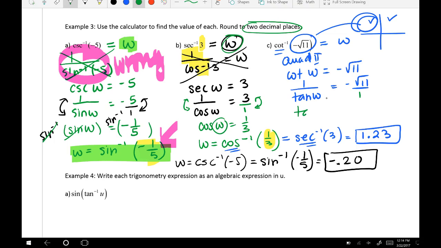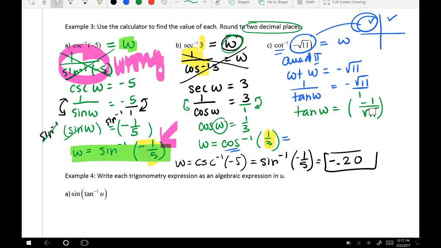So now I have tangent of W equals, this is the part that's kind of confusing, negative 1 over square root of positive 11. Now I can totally punch this into my calculator and get an answer for tangent.